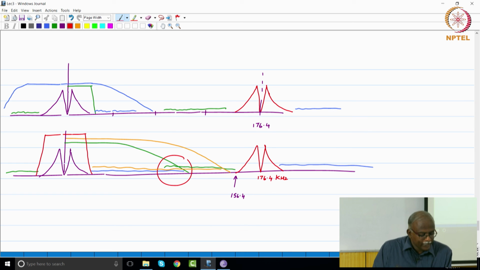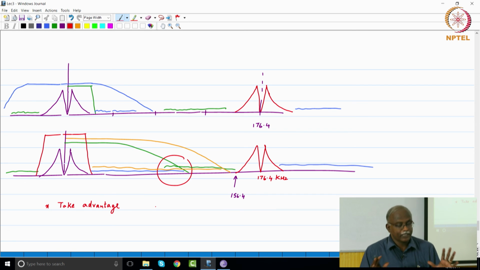So, the comment that I would leave here for you to think about is that we always take advantage of digital filtering. That gives you a huge advantage, particularly when you are working in the area of multi-rate DSP. We always keep in mind that we have a very powerful tool in digital filtering, because you can design more or less any type of filter: low pass, high pass, band pass, differentiator, integrator, anything you can build as a digital filter. Take advantage of digital filtering.